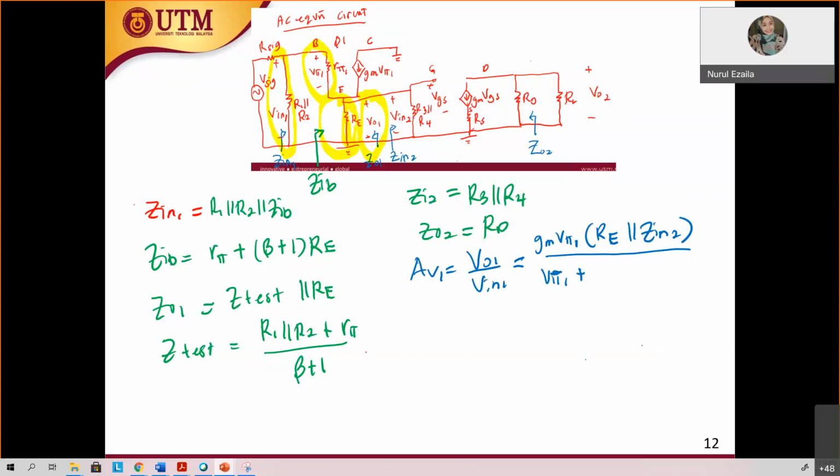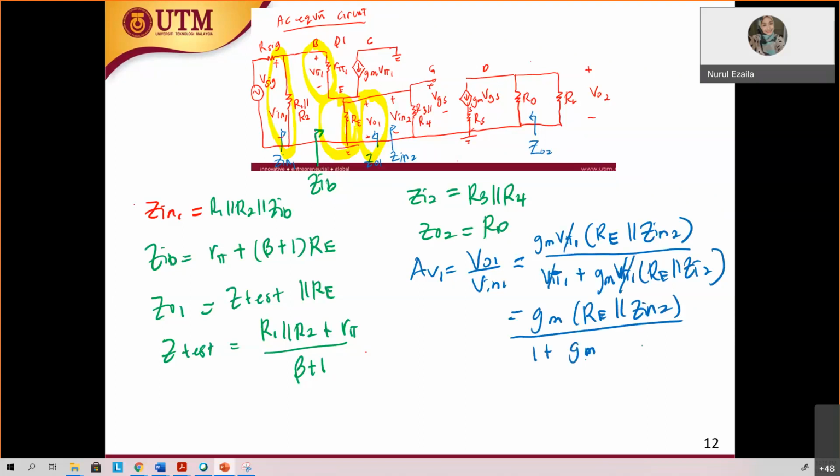So it is equal to the V pi 1 plus GM V pi 1 times RE parallel with Z in 2. So you cancel out the V pi and everything. You will get GM RE parallel with Z in 2 over 1 plus GM RE parallel with Z in 2.